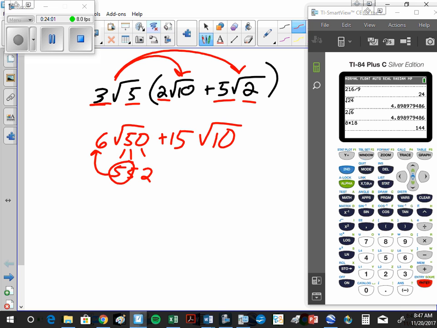Put it right there, and what do I do with the 5 and the 6? Multiply them, so 30 root 2 plus 15 root 10. Does that make sense? So when you add square roots, the root and the stuff on the inside have to be identical. When you multiply square roots, as long as it's a square root and a square root, you do outside times outside and inside times inside. Okay?